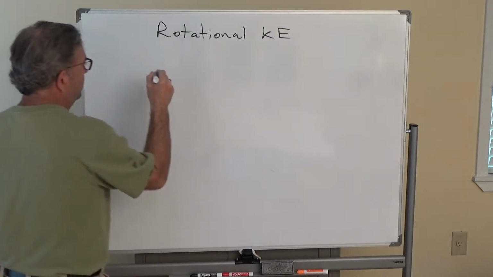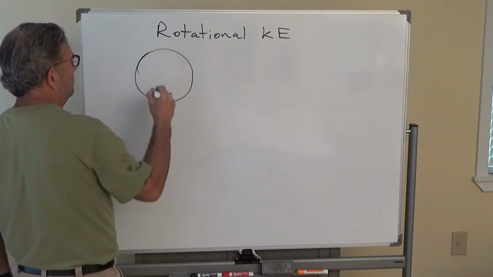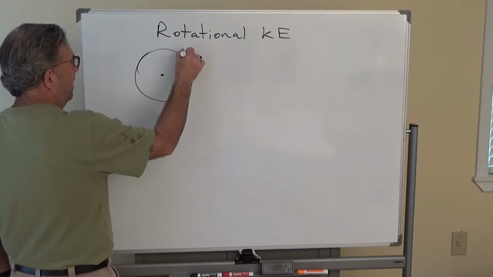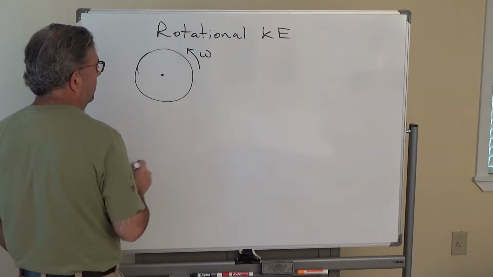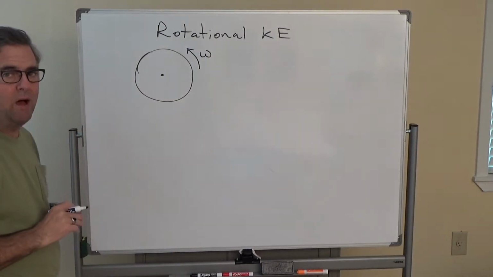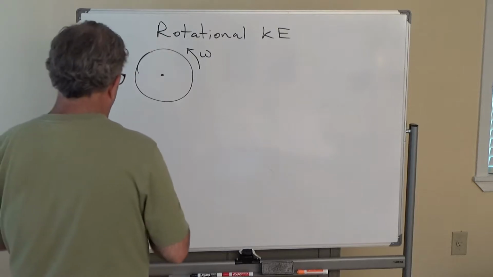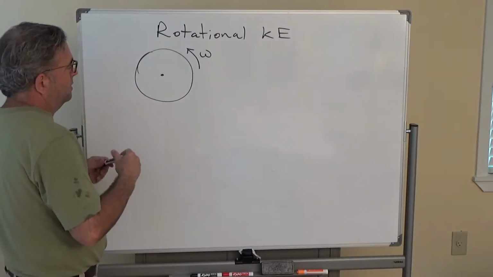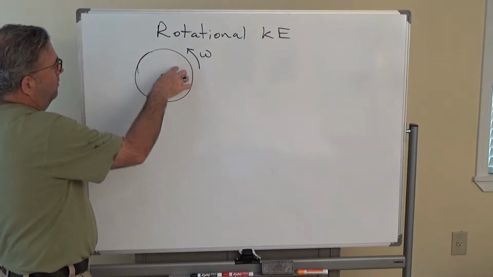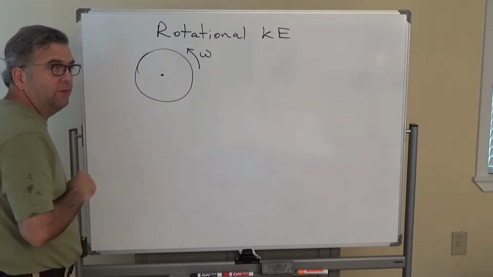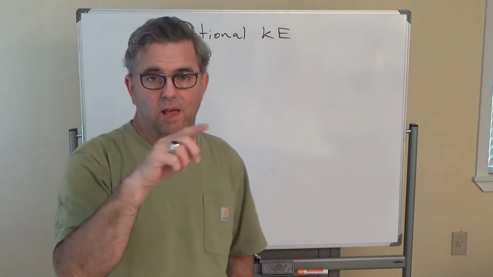So imagine a disk, let's say it's a solid disk, and it's rotating at some angular velocity omega about a central axis. We already discussed that each one of the little points on this disk is rotating at a different tangential velocity.